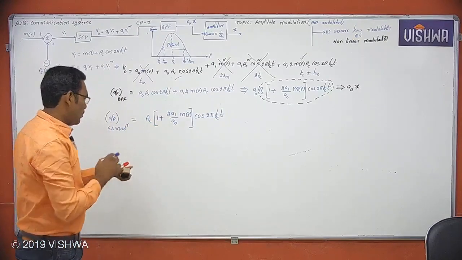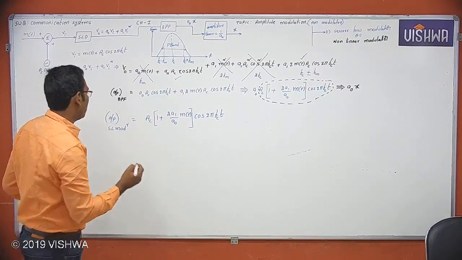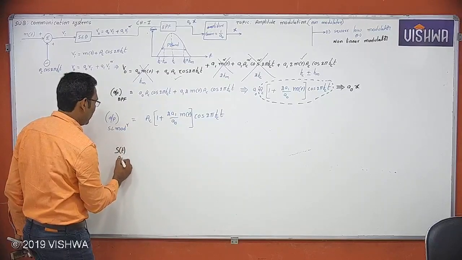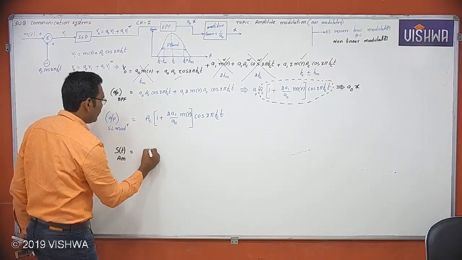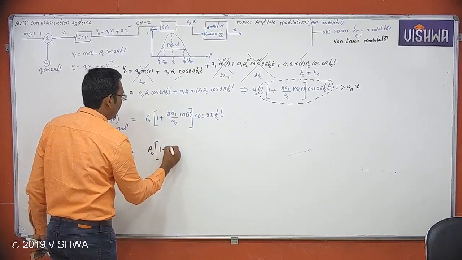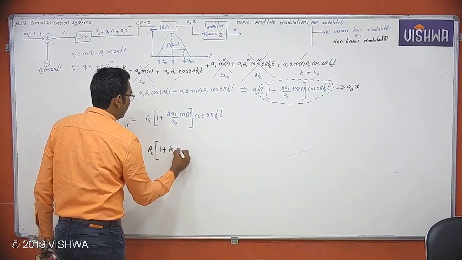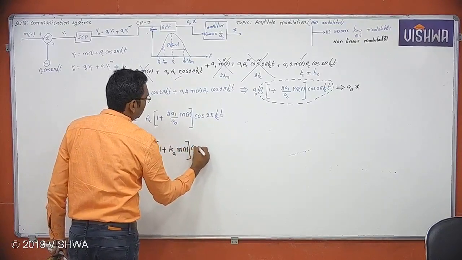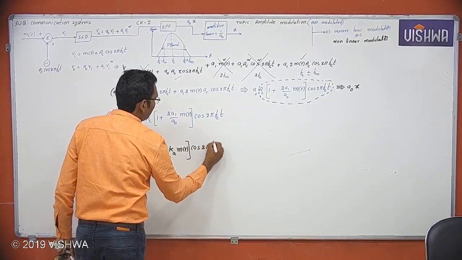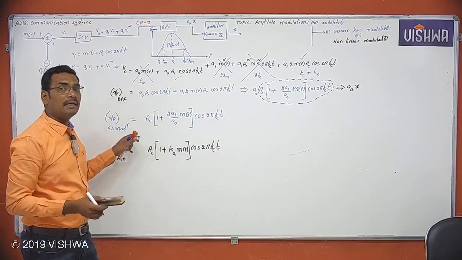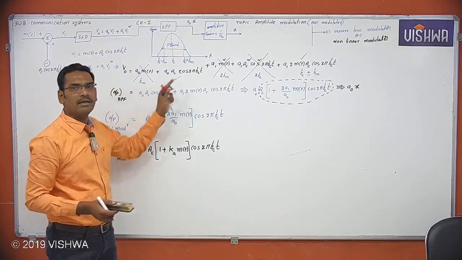And students, what is the standard mathematical time domain equation of AM? The standard equation of AM is AC into 1 plus Ka into m of t into cos 2 pi fct. This is the standard AM, and this is the equation generated from the square law modulator.